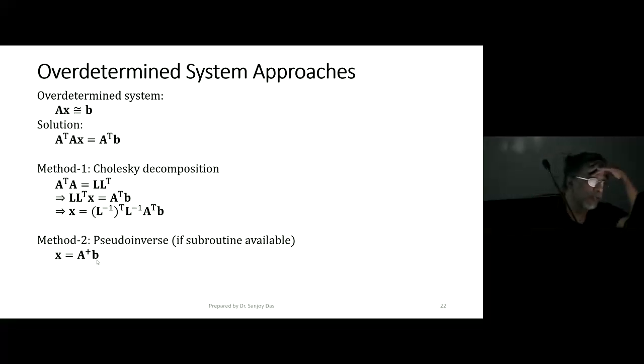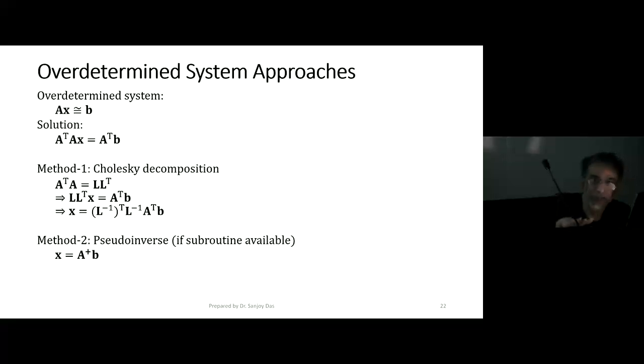Now, let me tell you this. I don't know what MATLAB exactly does, but if there's a subroutine for pseudo-inversion of a matrix, I'm almost certain that it will resort to something called singular value decomposition rather than Cholesky decomposition, because of numerical stability reasons.